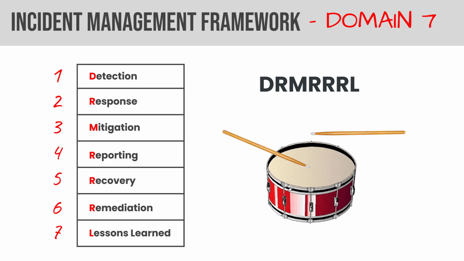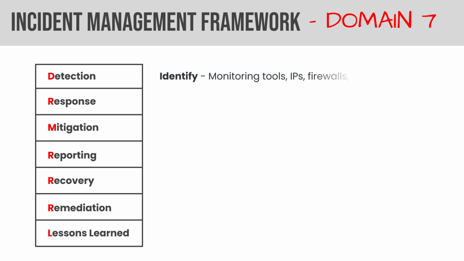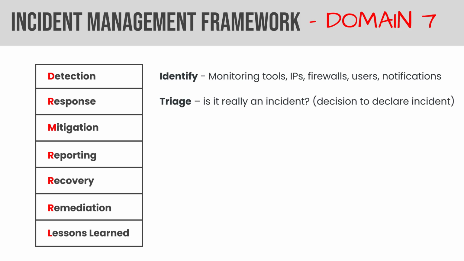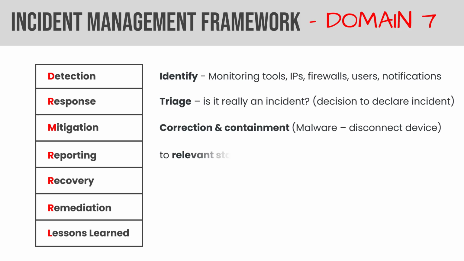So, like the OSI model and change management, you do need to know something about the framework. So, for example, in incident management, detection is about identifying the incident. Response is about triaging and ensuring we really have an incident, so making that decision to declare. Mitigation, so step 3, correcting and containing the issue.